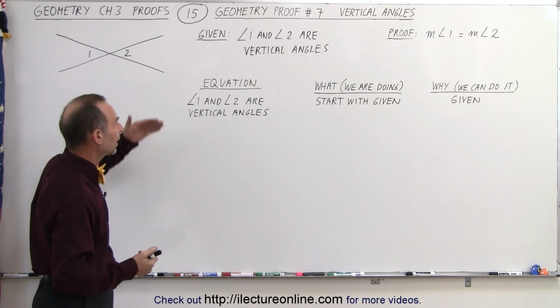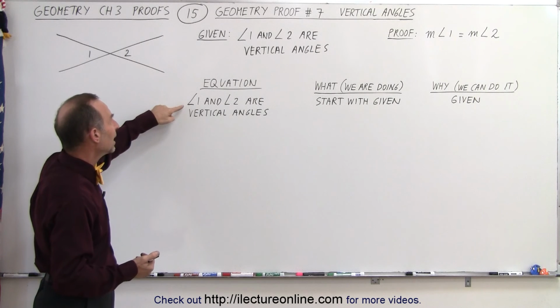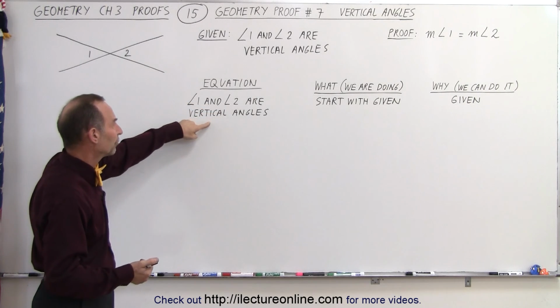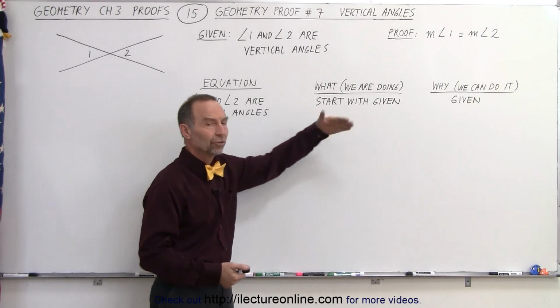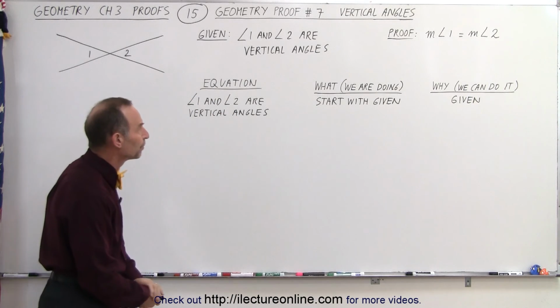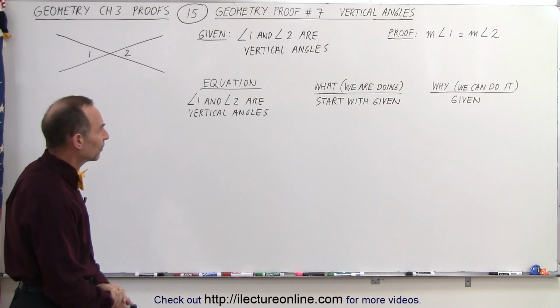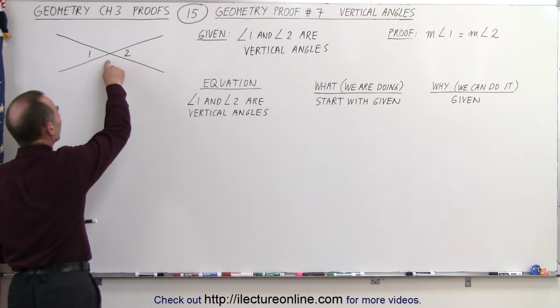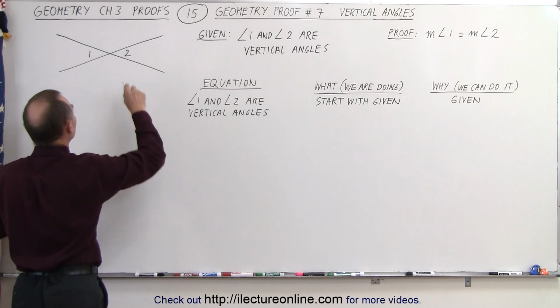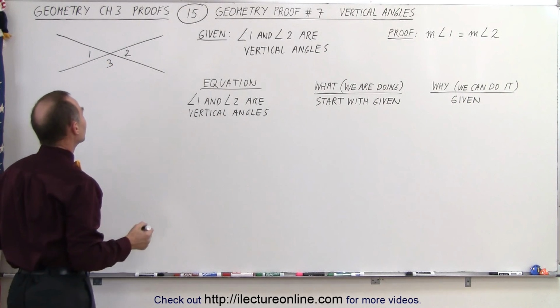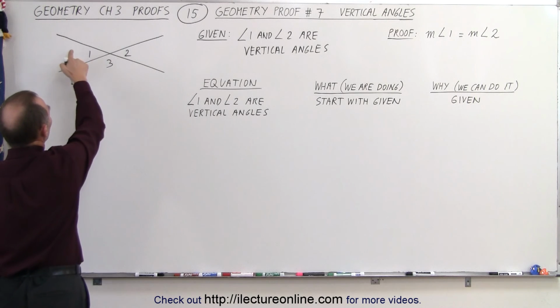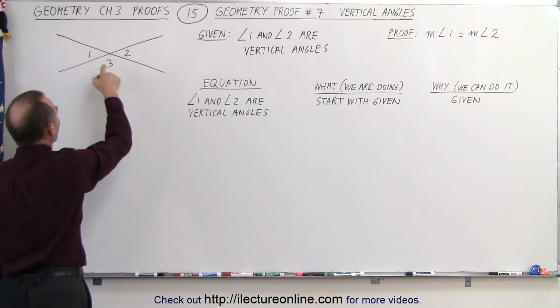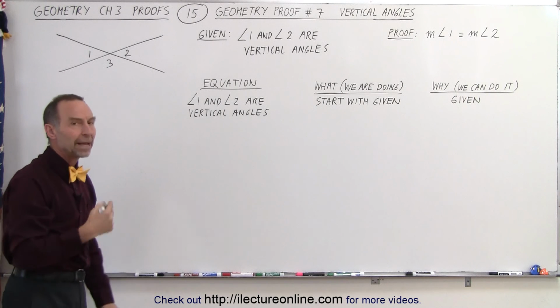We're going to start out by simply stating that angle 1 and angle 2 are vertical angles. This is a given, so that's why we're allowed to do so. But what do we do next? Well, let's put a number in here for this angle right here. We'll call this angle 3. Now notice that angle 1 and angle 3 are a linear pair of angles.